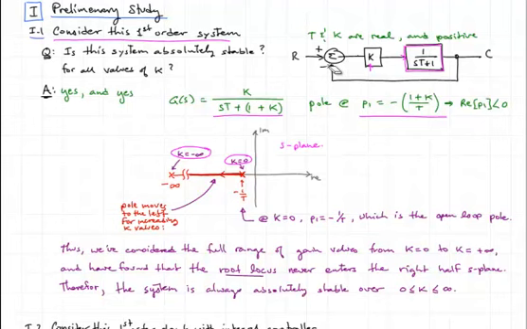So if we set K to be equal to 0 here, we end up with just sT plus 1 in the denominator, and our pole would be at minus 1 over capital T. We see that just by plugging in K equal to 0. Now that's not very useful, because we've actually broken the feedback loop.